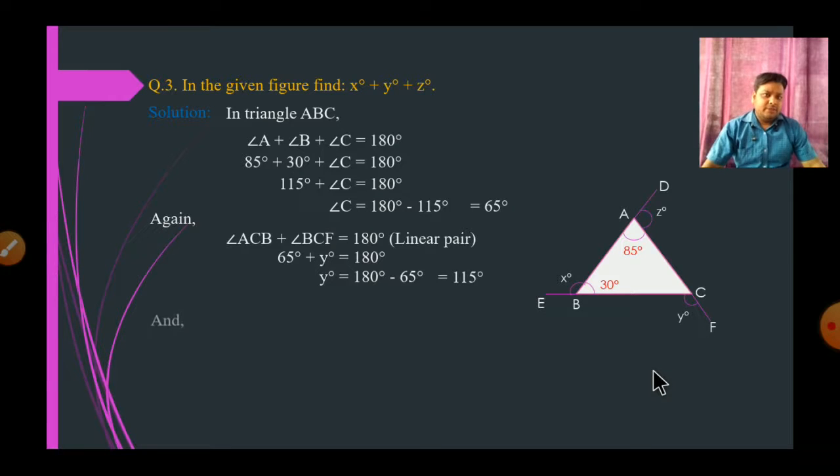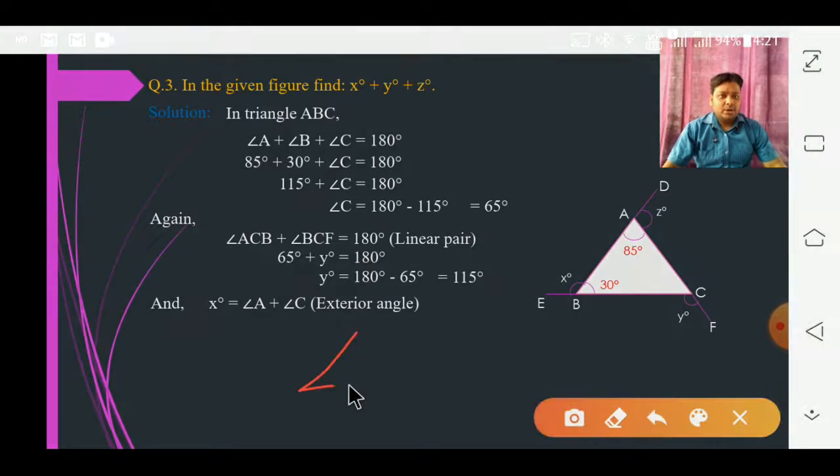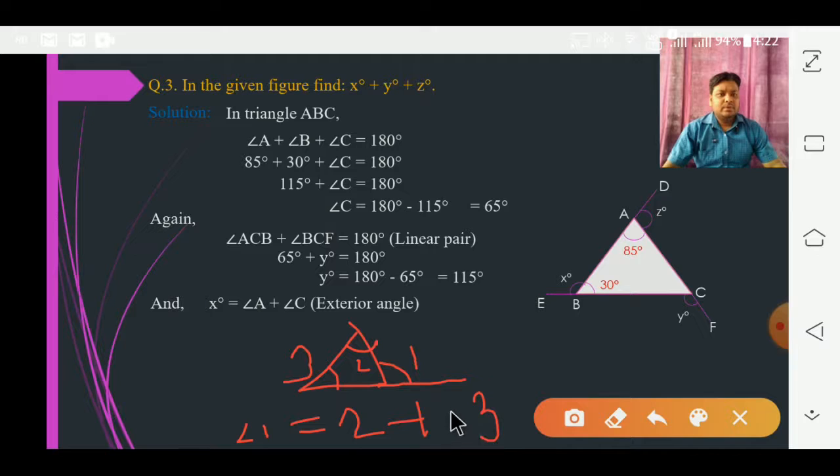Now after that, we can apply the exterior angle formula: x degrees is equal to angle A plus C. We know that if you draw a triangle and label the angles 1, 2 and 3, then angle 1 is equal to angle 2 plus angle 3, because an exterior angle is equal to the sum of the two opposite interior angles.